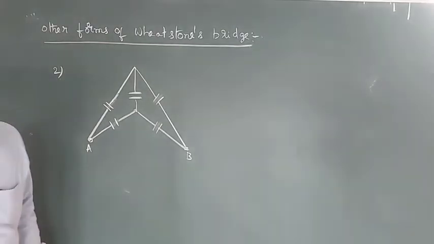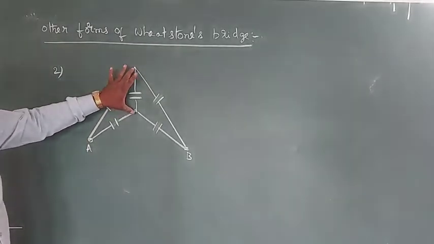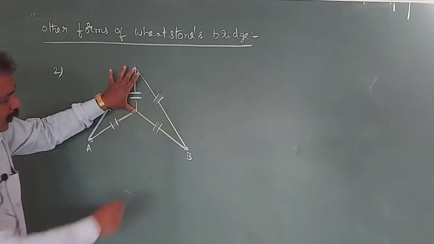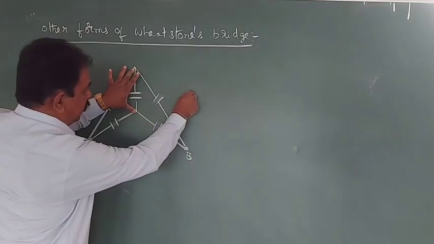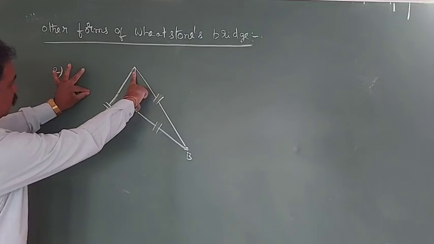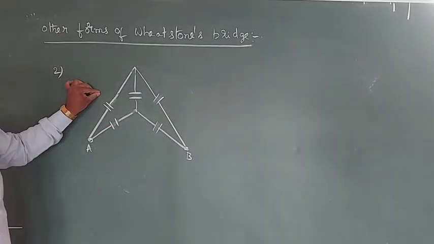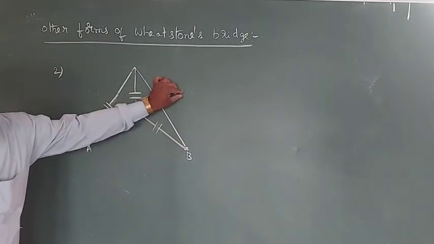Okay? How to identify this one? You keep this as fixed. These are wires only. I brought this one to here. I brought this one to here. Okay? This one I shifted to here. This one I shifted to here.